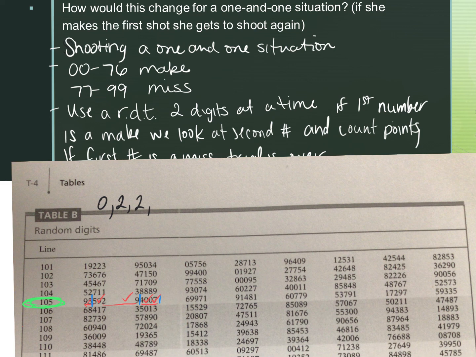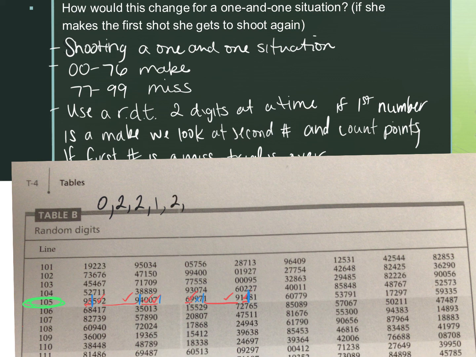Once you get good and start recognizing your numbers, it doesn't take that long to use a random digit table. So 69 is a make, but 97 is a miss. So that's 1 point. And the next one is 19, make, 14, make. End of my trial, 2 points.